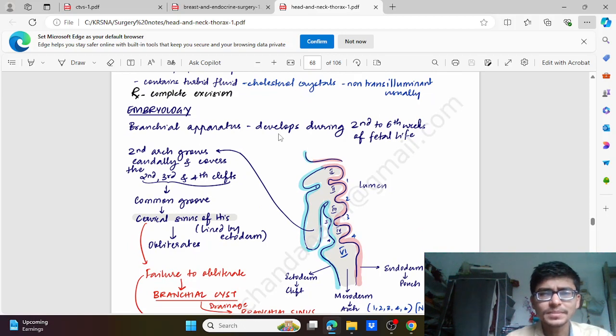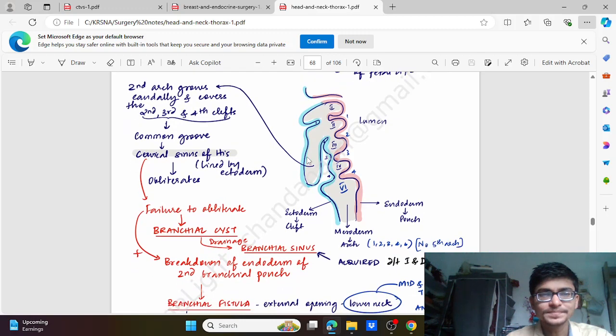These develop from the branchial apparatus during the 2nd to 6th week of intrauterine life, and as we can see in the diagram, the second arch grows caudally and covers the second, third and fourth cleft.